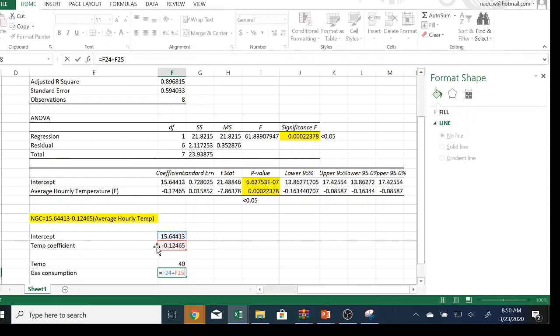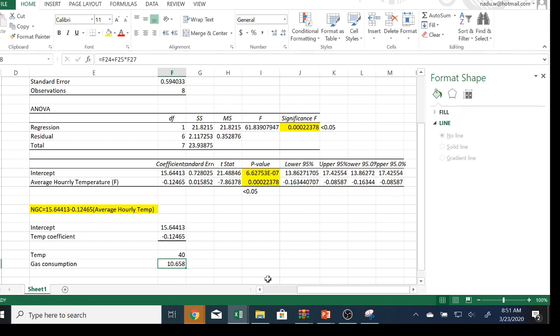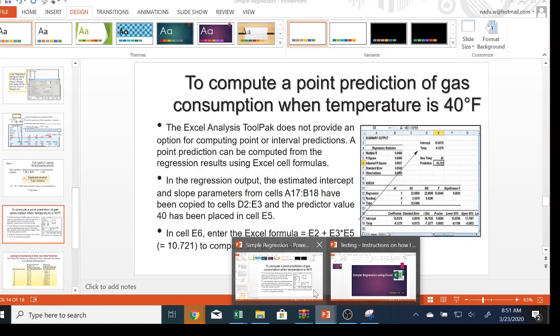If you had put the temperature coefficient as a positive value, since in the regression model it's minus, you would put minus. So it's a pretty simple mathematical operation. What is the average hourly temperature this time? We are checking the gas consumption when the average hourly temperature is 40. It's 10.658.